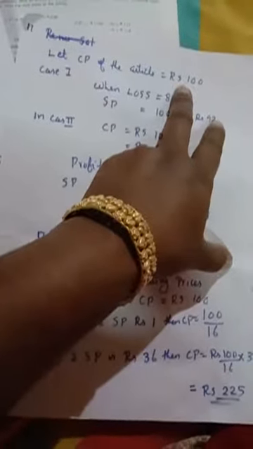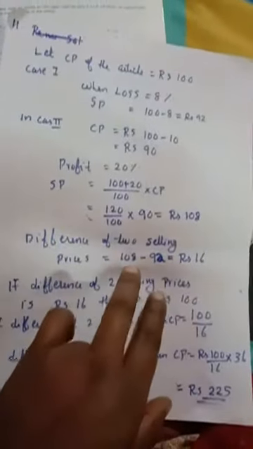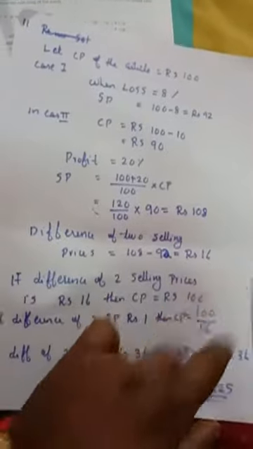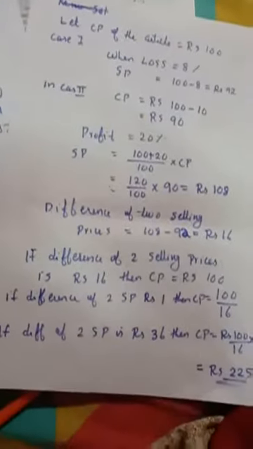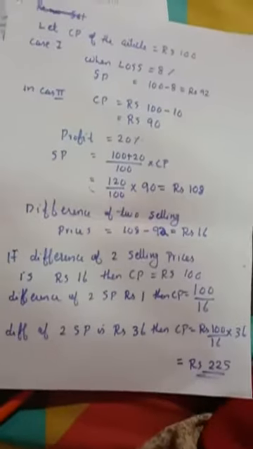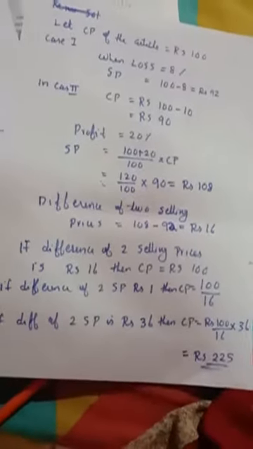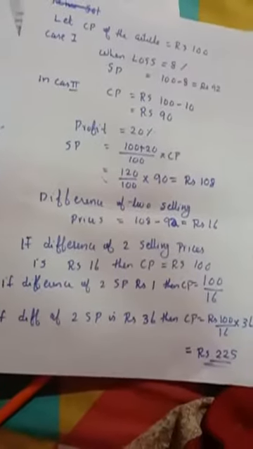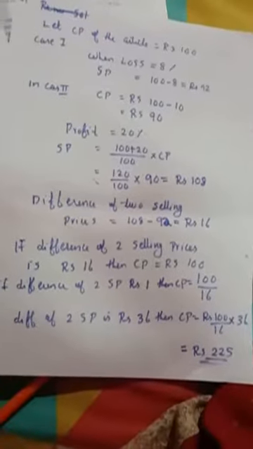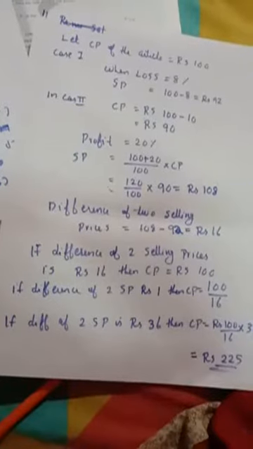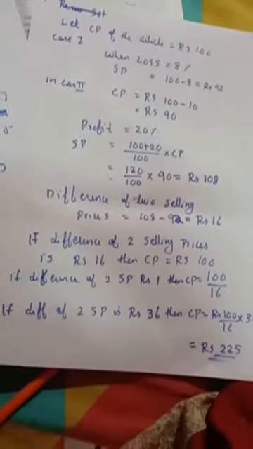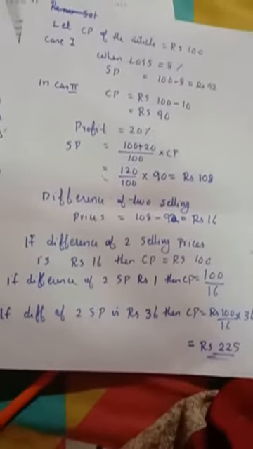Then if the difference of two selling prices is rupees 1, apply unitary method, then what is CP? 100 by 16.